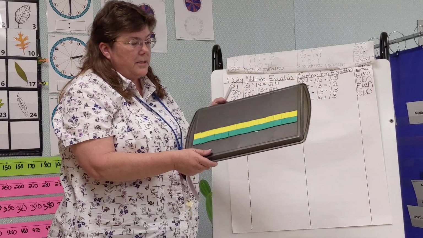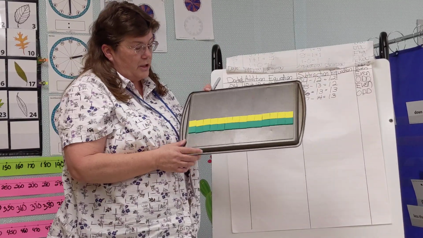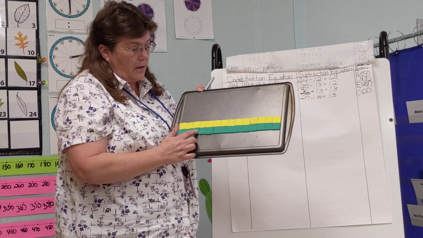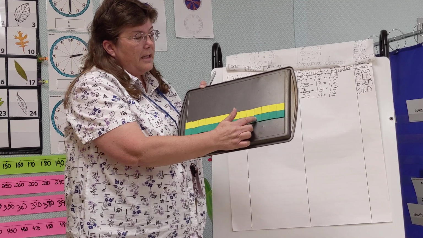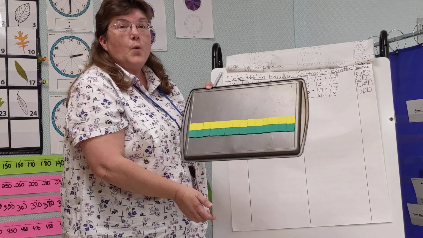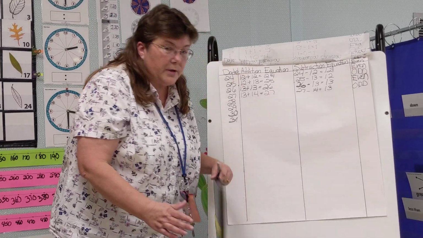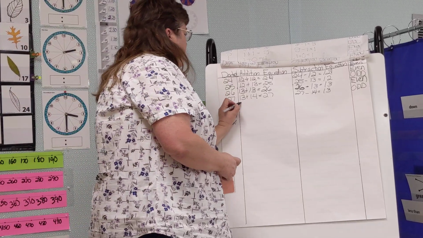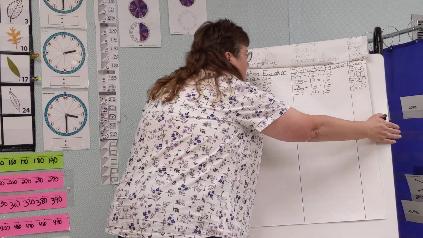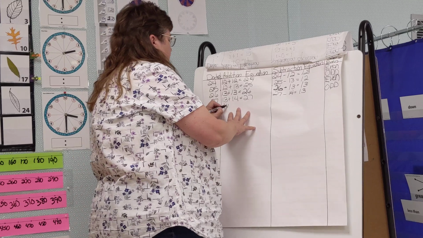I didn't count to see how many in just one. So 1, 2, 3, 4, 5, 6, 7, 8, 9, 10, 11, 12, 13, 14. So 14 is a doubles fact of 28. Sorry, you guys have to turn just a tad bit there.